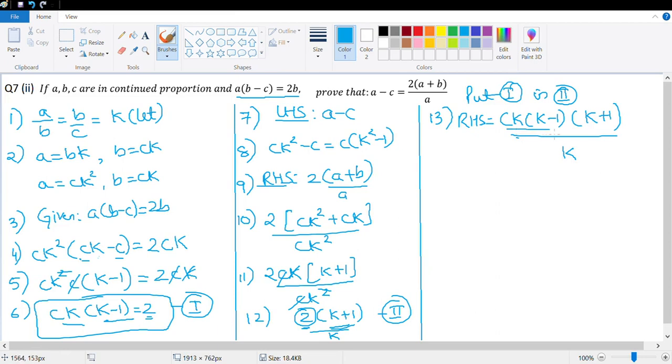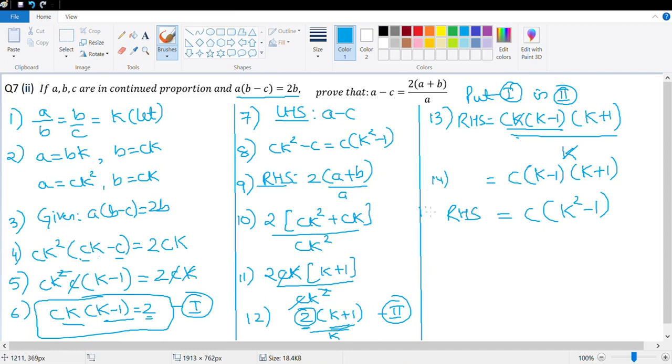So CK times K minus 1 is 2. What remains here is K plus 1 upon K. This K and this K get cancelled. So this is equal to C times K minus 1 times K plus 1, which is equal to C times K square minus 1. Yes, x plus y into x minus y is x square minus y square. This is equal to right hand side.